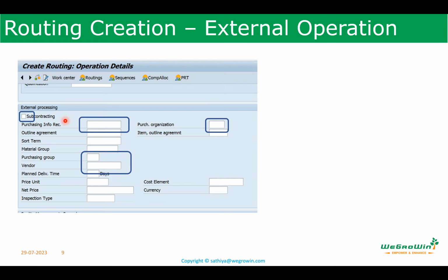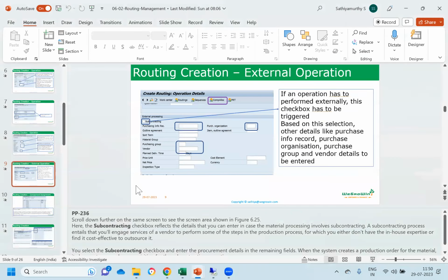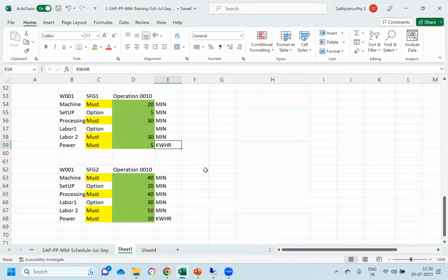We need to consider the material into our warehouse. See, first of all, what is the scenario? What is subcontracting? Sending a material A to a vendor or our subcontractor, getting it back in another form like B.